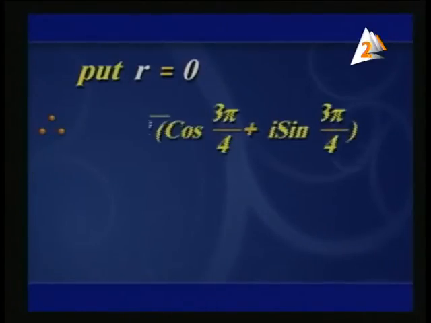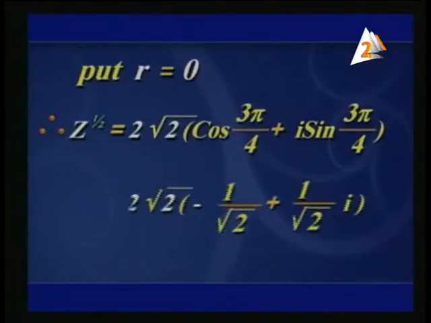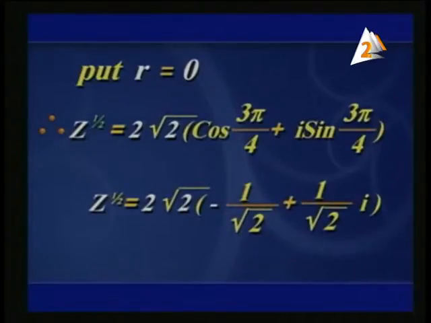Therefore, z to the power half equals 2 root 2 (cosine 3 pi over 4 plus i sine 3 pi over 4) equals 2 root 2 times (negative 1 over root 2 plus 1 over root 2 i) equals negative 2 plus 2i.